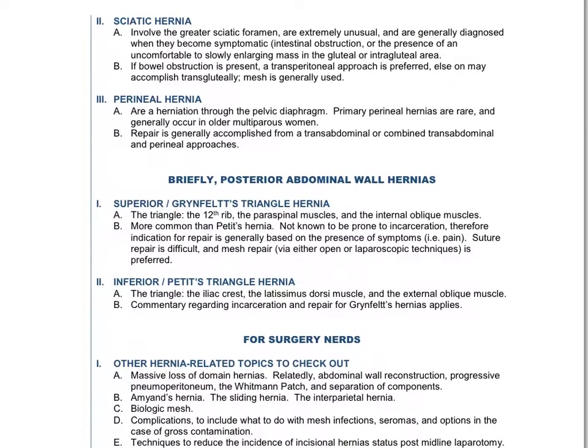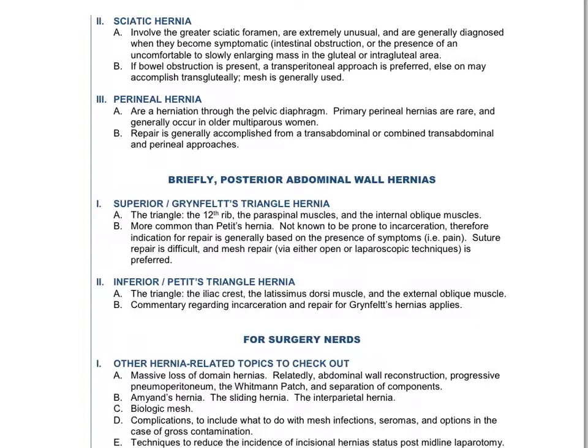Now, to finish it off, we'll talk about posterior abdominal wall hernias, which have those wonderful eponyms that people love to quiz you about. The superior lumbar triangle, known as Grynfeltt's triangle, is bounded by the 12th rib, the paraspinal muscles, and the internal oblique muscles. Then you have Petit's triangle. I'm sure I'm pronouncing those wrong, I'm sorry.